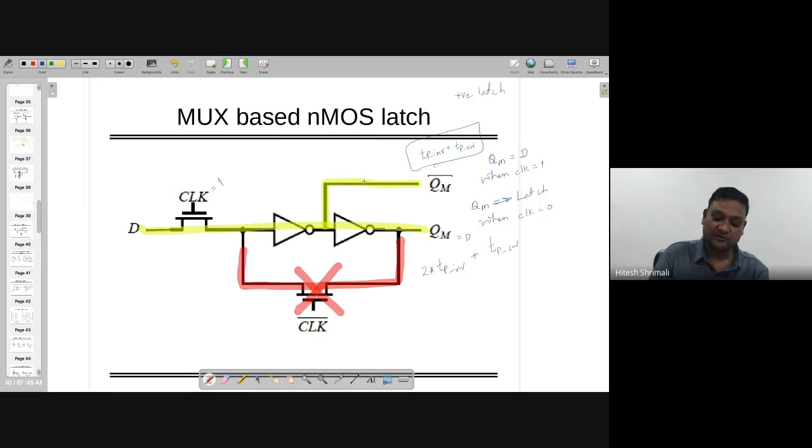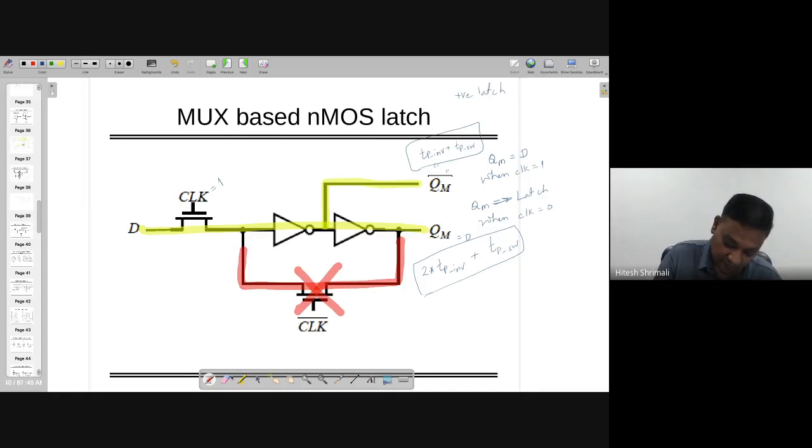So you can have the output faster, but you can't avoid the worst case. You need to sample the data after it has settled. If you look at anything before that, it will be faulty, because QM bar will be available, but QM is not available till that time. Right?